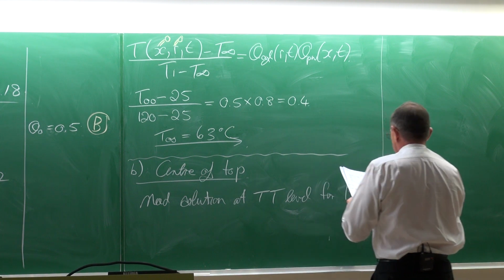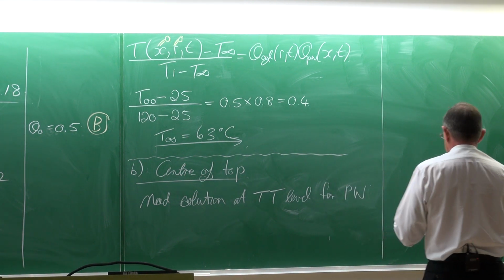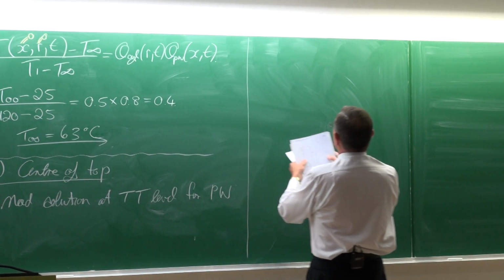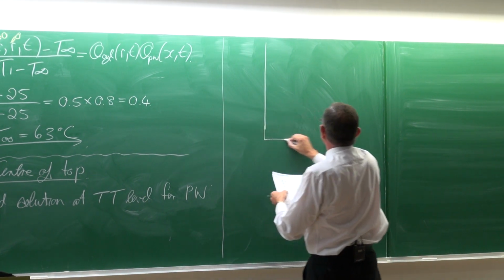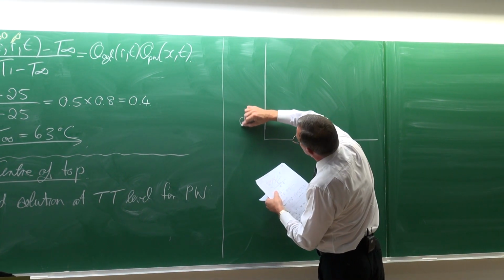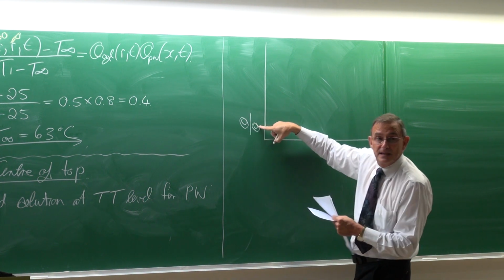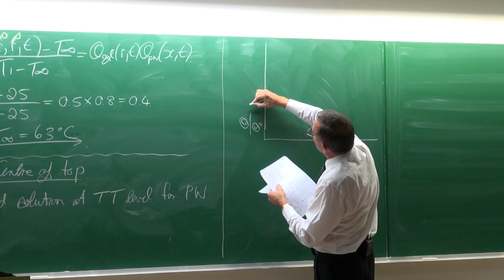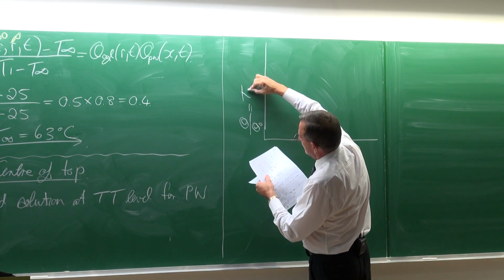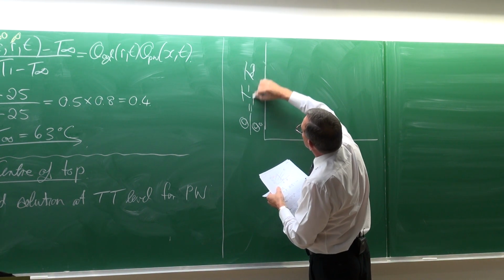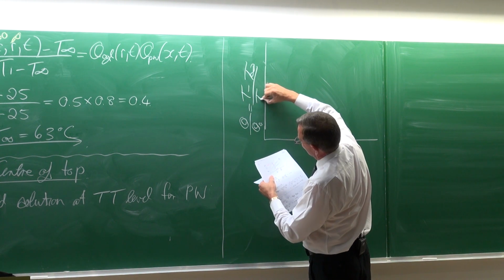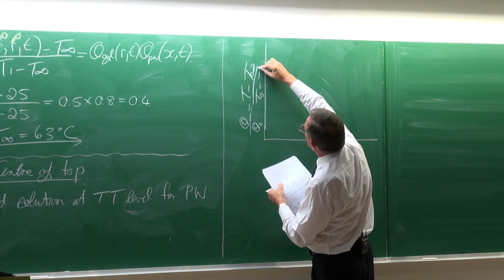And if you go and look at the Heisler charts for the plane wall, you will see that the charts say that you can get the temperature anywhere else, but you must first get the center temperature, and that is then equal to T minus T infinite divided by T0 minus T infinite.